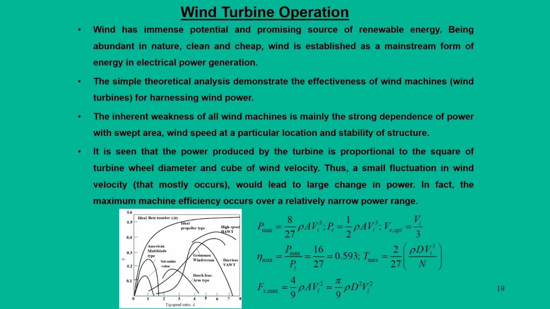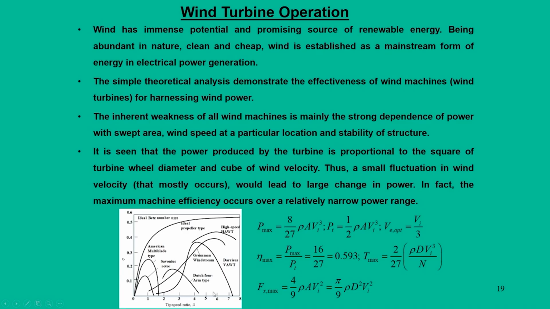And the last part that we want to focus on is, when you think about horizontal or vertical wind turbines, we have shown this classical figure which gives the power coefficient as a function of tip speed ratio, and each of these wind turbine designs has limitations in its tip speed ratio.